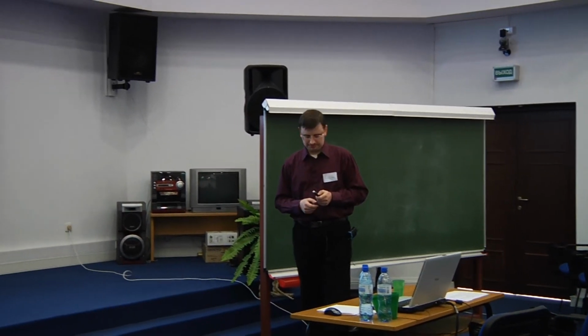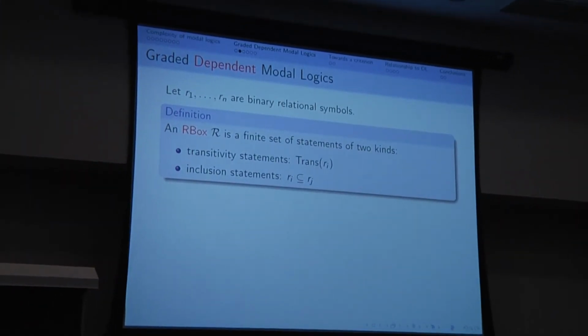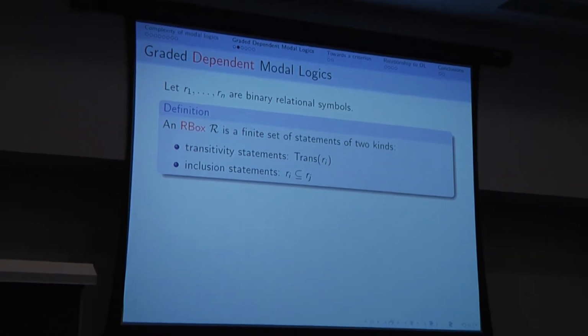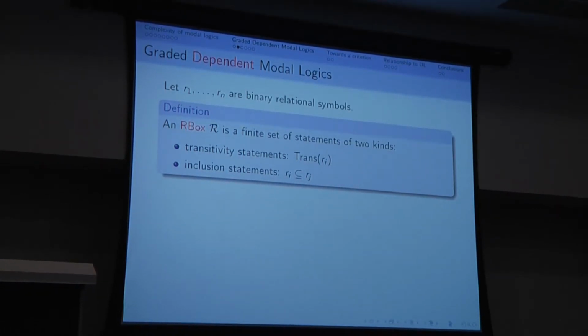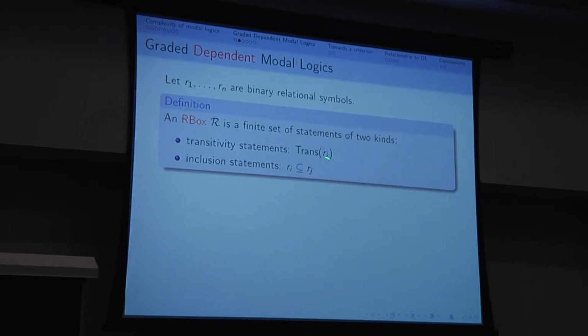So, to specify these constraints, these classes of frames, we need the notion of an RBox. I use the term that is used in the description logic community. An RBox is a finite collection of assertions of two kinds: transitivity of some relation Ri, or inclusion, Ri is included in Rj.